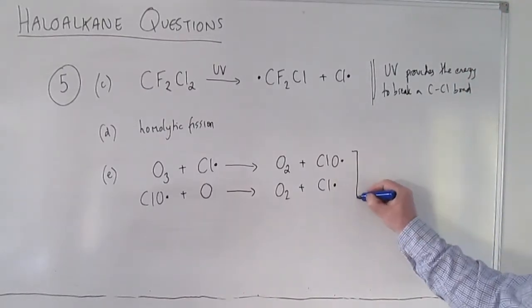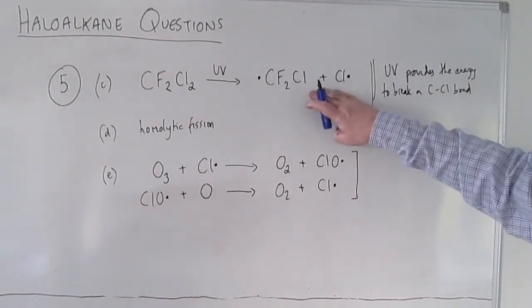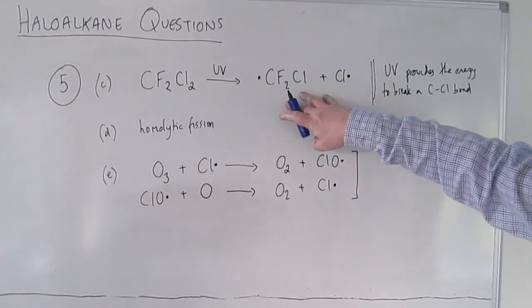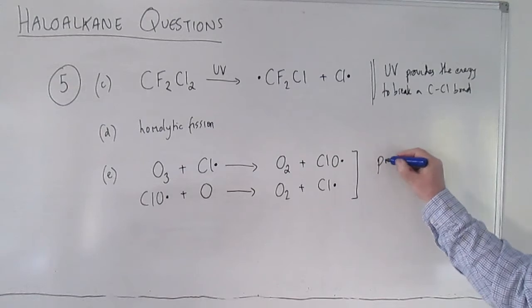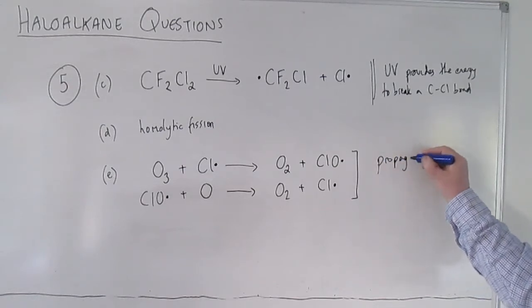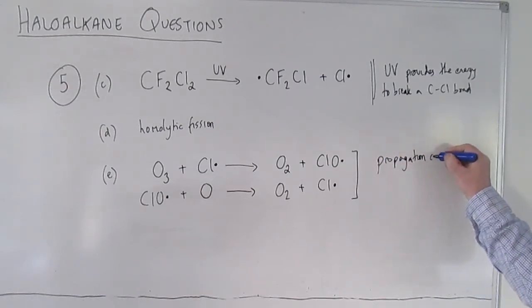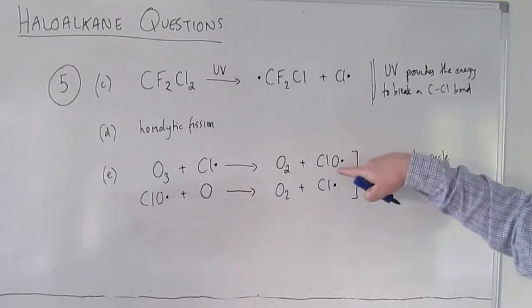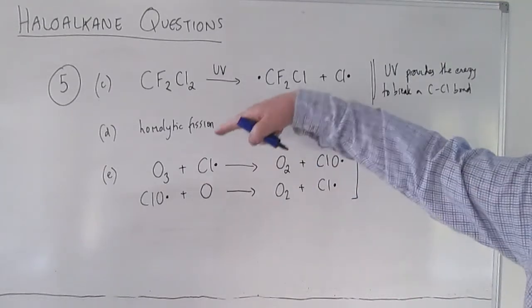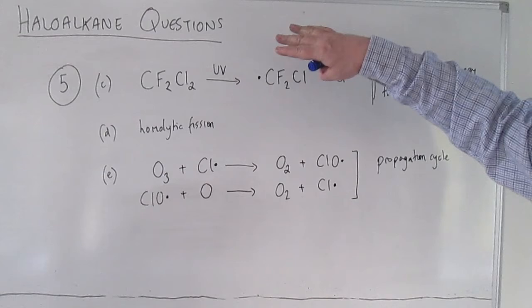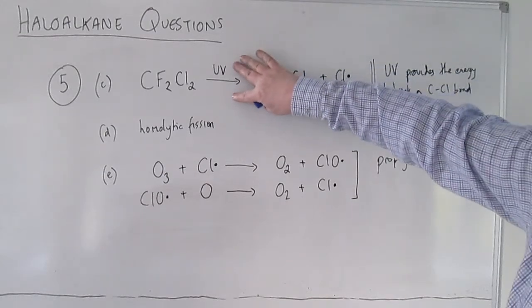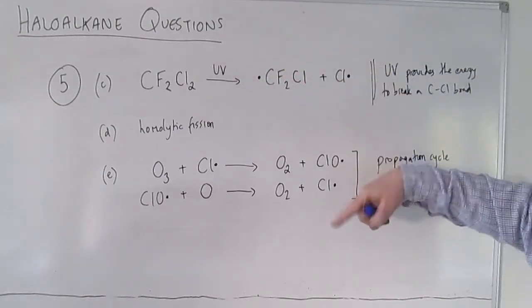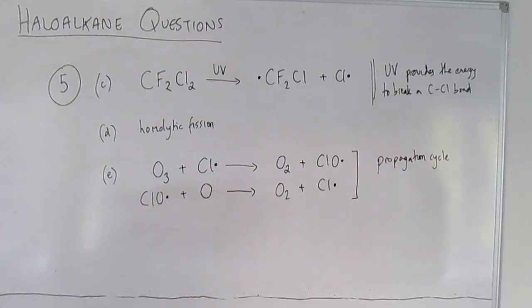Okay, so in other words, this is an initiation event up here in part C, and these are propagation. So this is a propagation cycle, a chain reaction where each of these reactions produces the radical that feeds the other one. So we just need to break one molecule open like this, and we can go around this tens of thousands of times, producing lots and lots of ozone destruction just from a single CFC molecule being broken open.